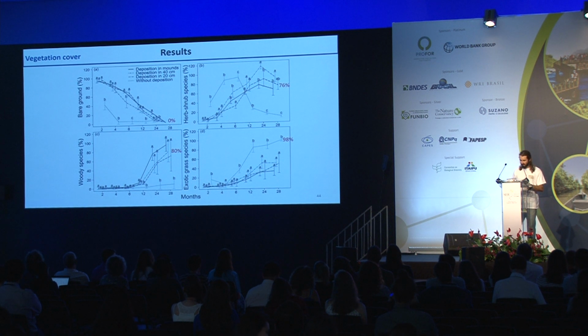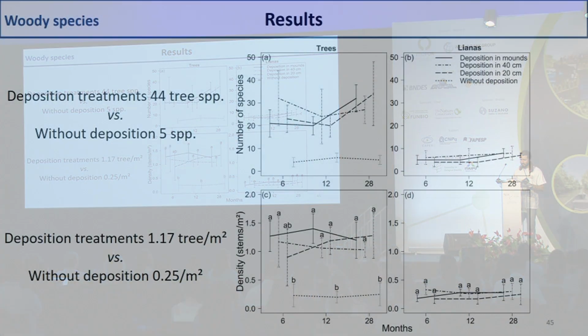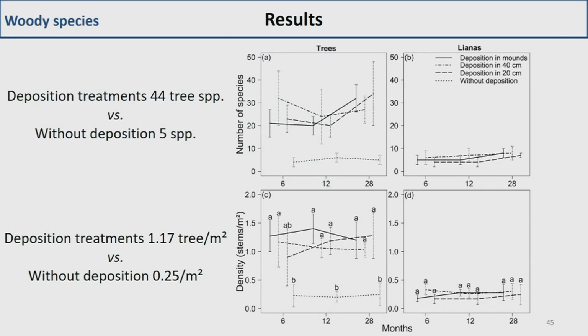Exotic grasses in the removal-only area recovered their dominance, reaching 98% cover. The number of species and density of trees are the same for all deposition treatments but differ from the control: 14 species versus 5 species.